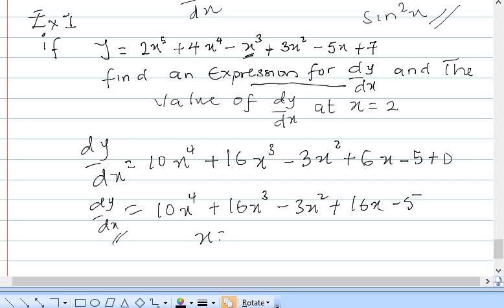So x is equal to 2, so substitute x as 2 in the above equation.